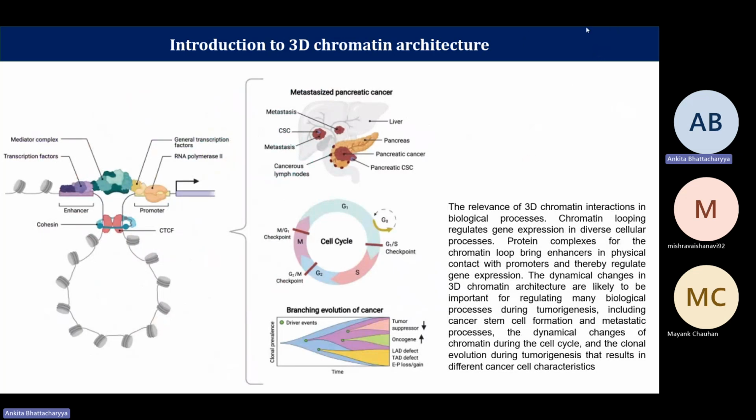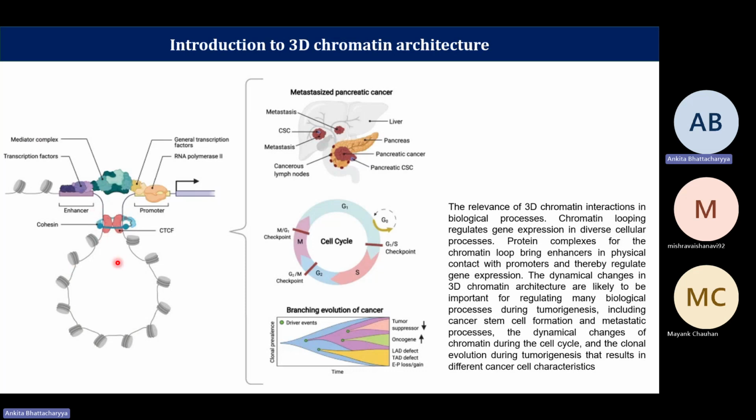And also, apart from just oncogenicity, biological processes do get affected as well. So this is how chromatin looping, if you can resolve it to that extent, can possibly look. You have very distant regions of the DNA coming into close contact of each other when they are bound and controlled by different proteins.